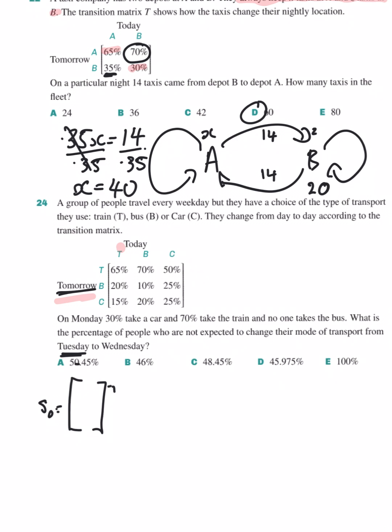This is train, bus, car. So the train people are 70%, the bus people are 0%, and the car people are 30%. That's the initial state. So what we're going to do is use our transition matrix, times that by S0 to get, I'll just write Tuesday people.